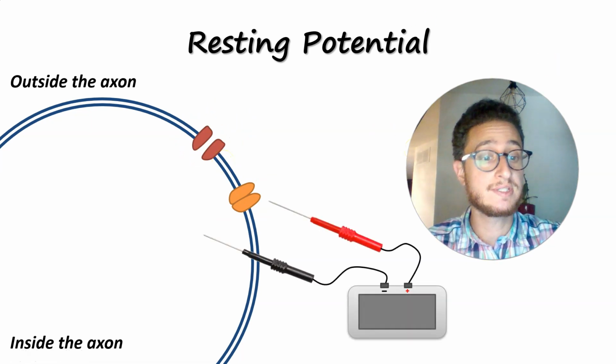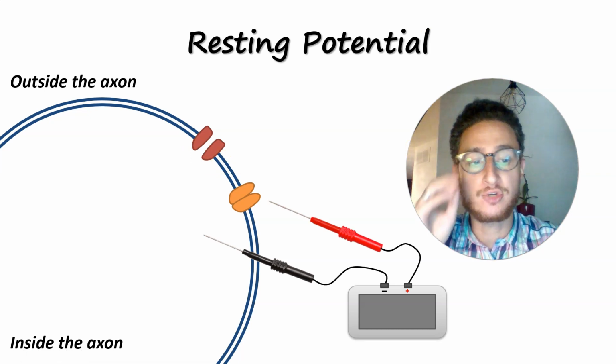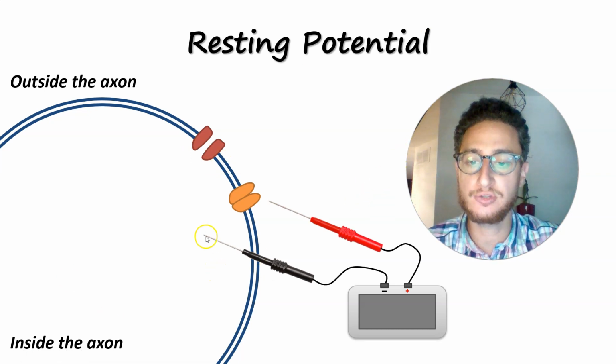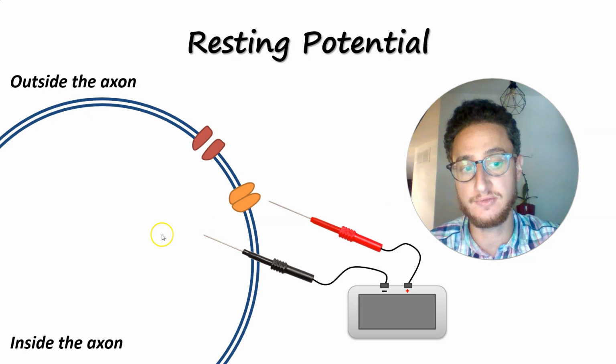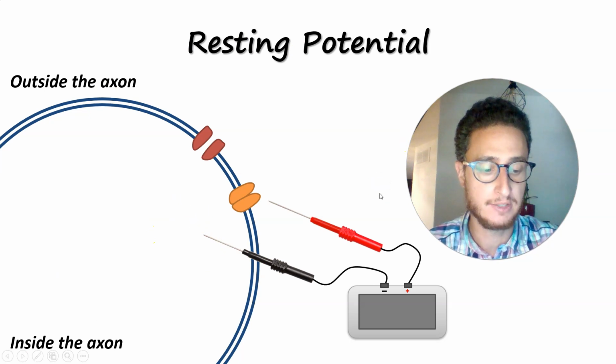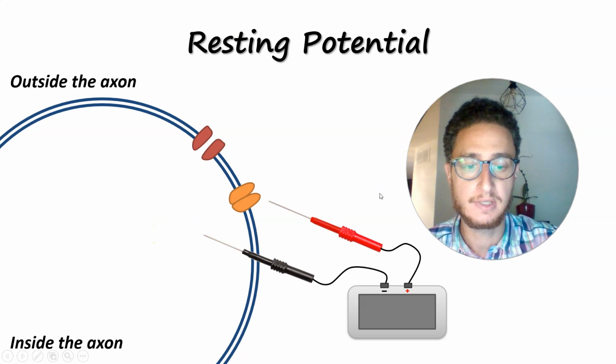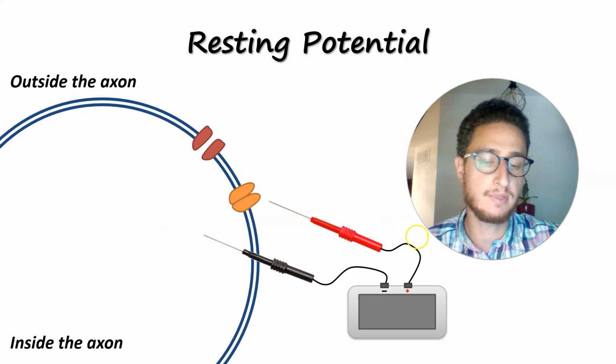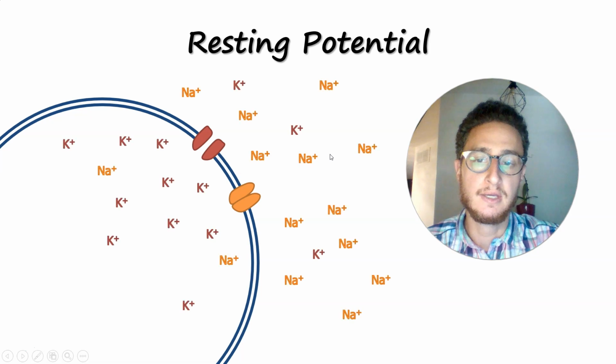And by resting potential, I mean an actual number, and that is the potential difference between the inside of the cell versus the outside. So if we connected this voltmeter, it's going to read -70 millivolts, meaning slightly more negative inside than outside.